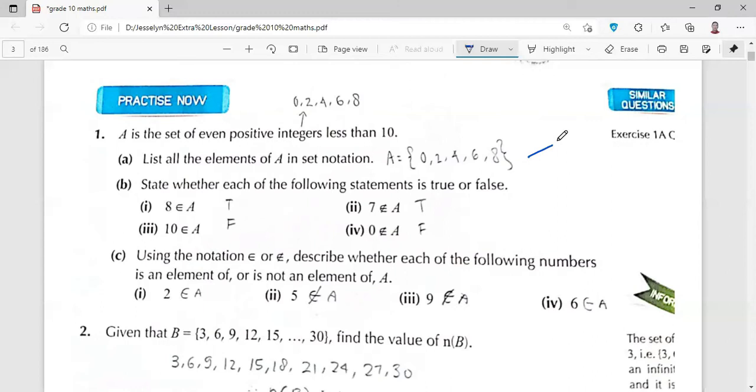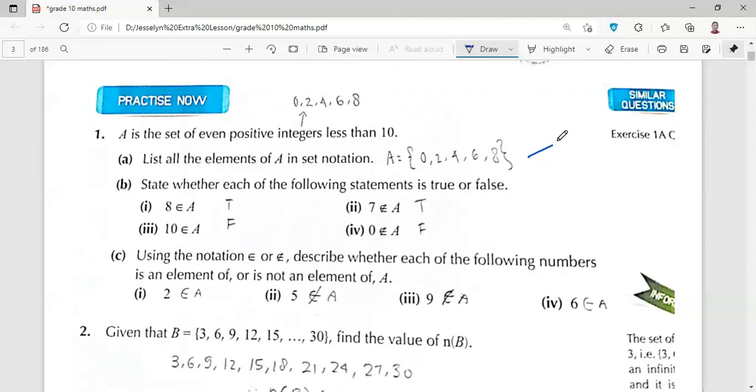Why is it true? Can you justify? Because the number 8 is an element of set A. When we justify, we don't use the word element because the statement already says 8 is an element of A. So we say since 8 falls within the collection of the set A, therefore 8 is an element of A, and that is a true statement.